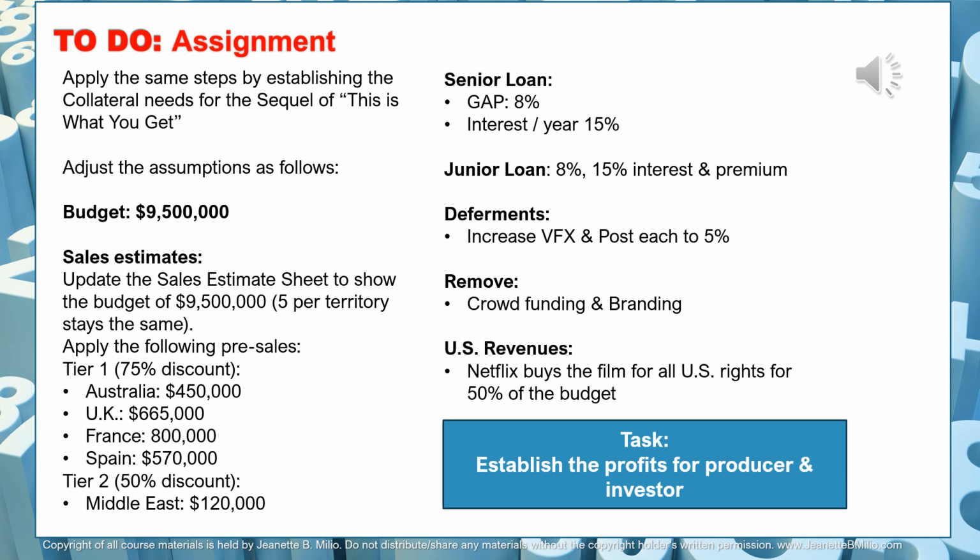And then you have some other changes here in regards to the budget, the sales estimates, the pre-sales, the senior loan, the junior loan, the deferments, and the removal of crowdfunding. So take a look at it. Feel free to try this assignment and see what the profits for the producer and investor would look like.